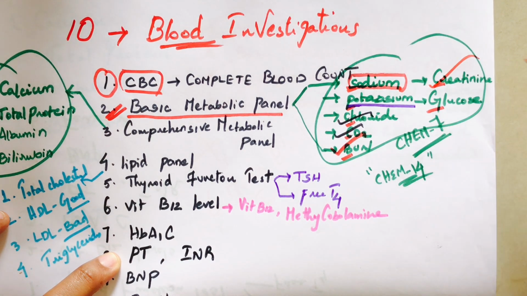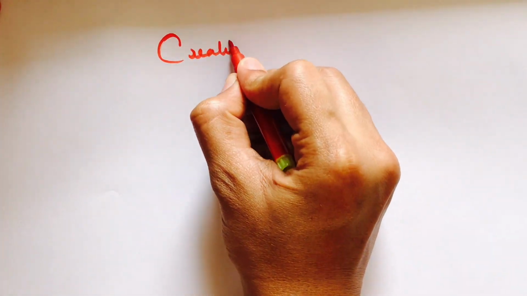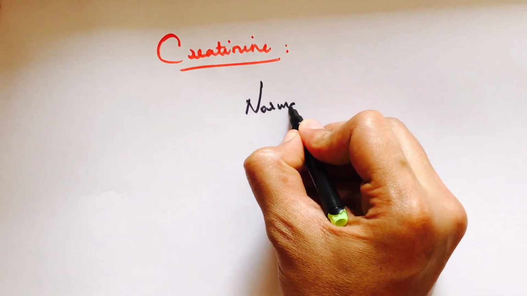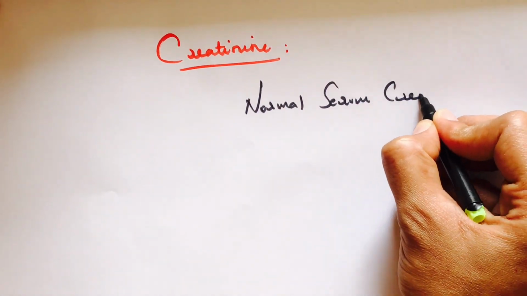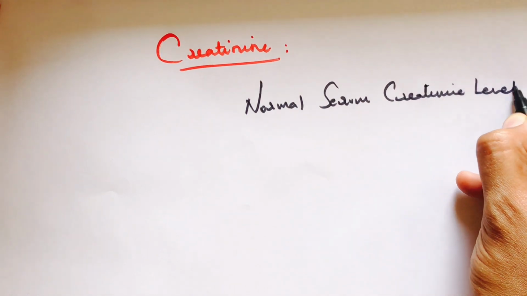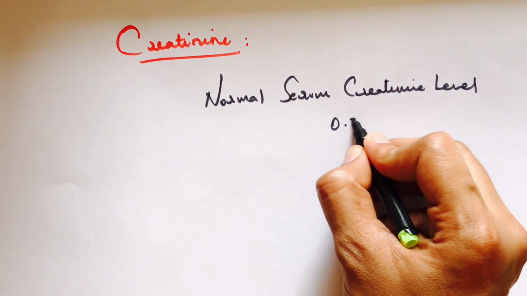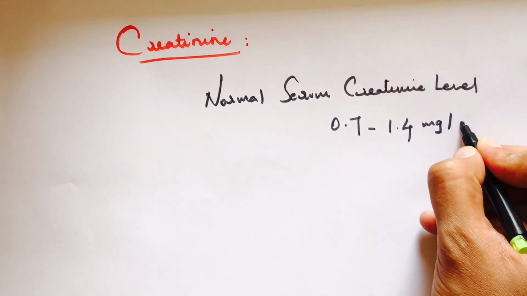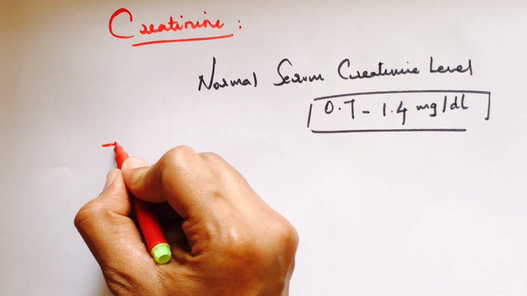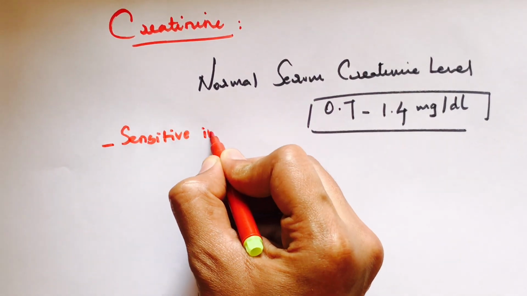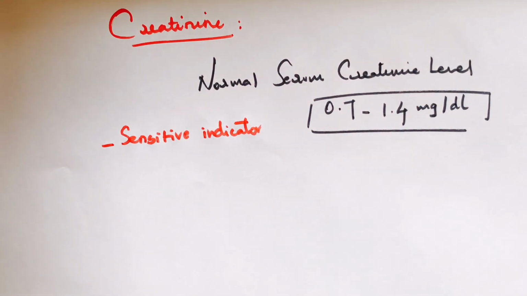The next electrolyte is creatinine. The normal serum creatinine level ranges from 0.7 to 1.4 mg per dl, and this is a sensitive indicator of renal function.